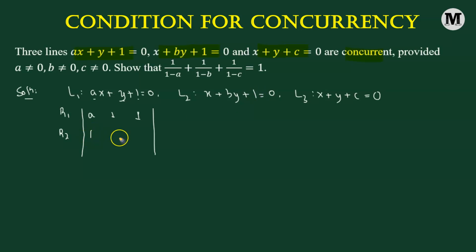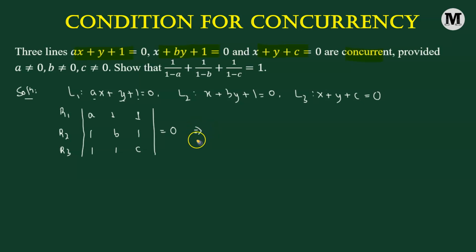So here we have 1, b, and 1. And finally in the third row, we consider the coefficients of x and y of line L3, including the constant term. So we have 1, 1, and c. Now, if these three lines are to be concurrent, then this determinant must be equal to 0. That is the condition for concurrency.